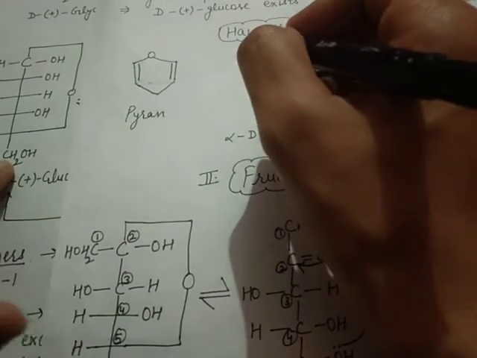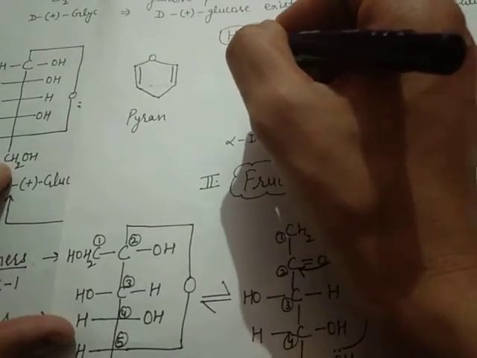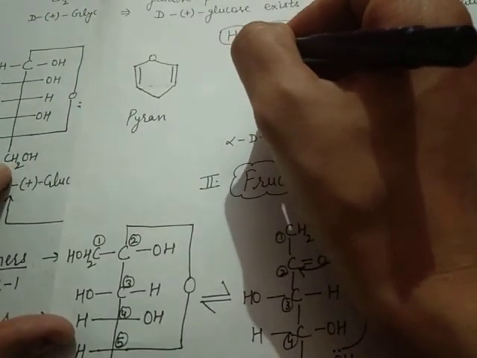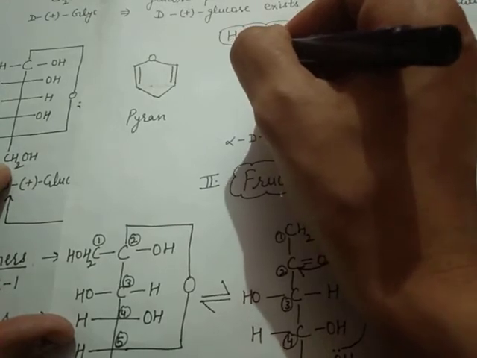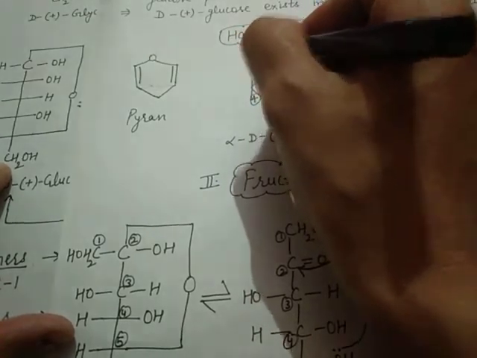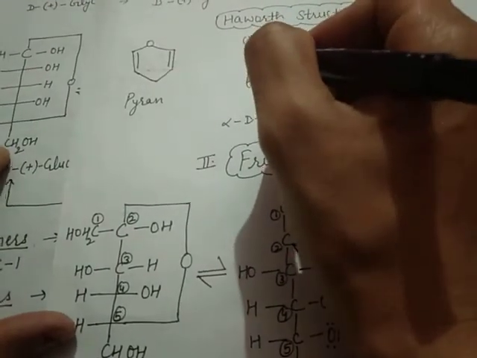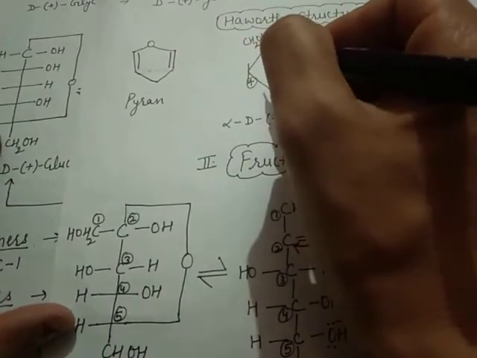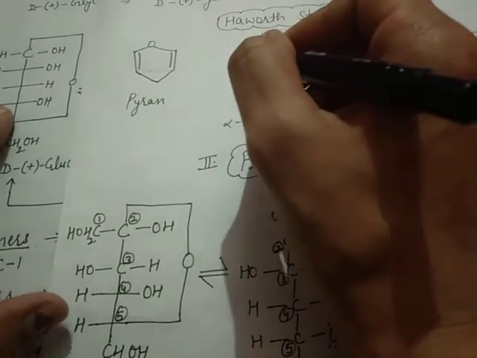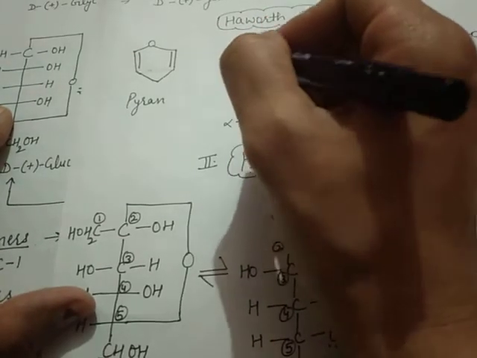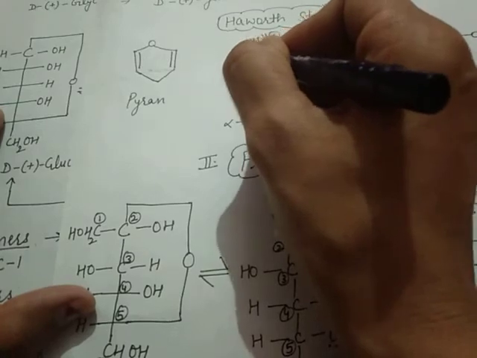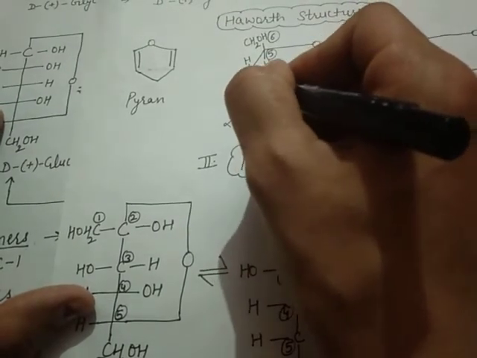Start right from here. Bulky groups are present on the upper side. The CH2OH group is present here. Here H is present. Next H, left hand side H. Here OH is present.